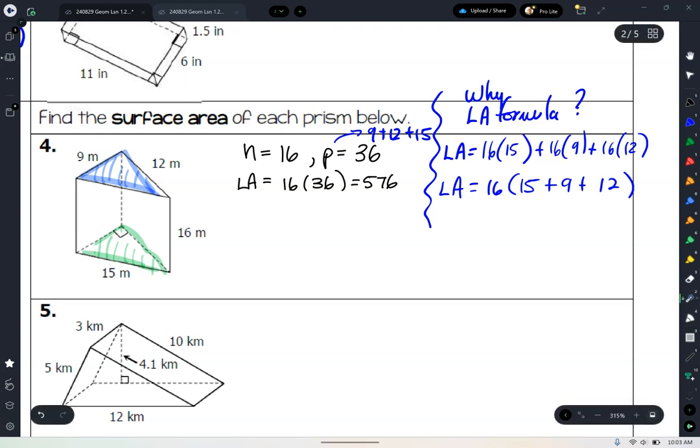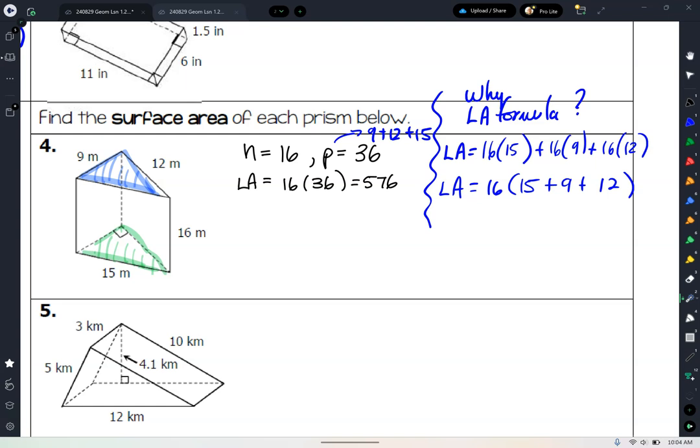I'm doing a little backwards distribution. We just did a quiz that had distribution on it. If I gave you this problem on a test and said distribute that 16, you would go 16 times 15, 16 times 9, 16 times 12. I'm just going backwards. I'm starting with the already done multiplication and pulling out the 16. I'm undistributing.